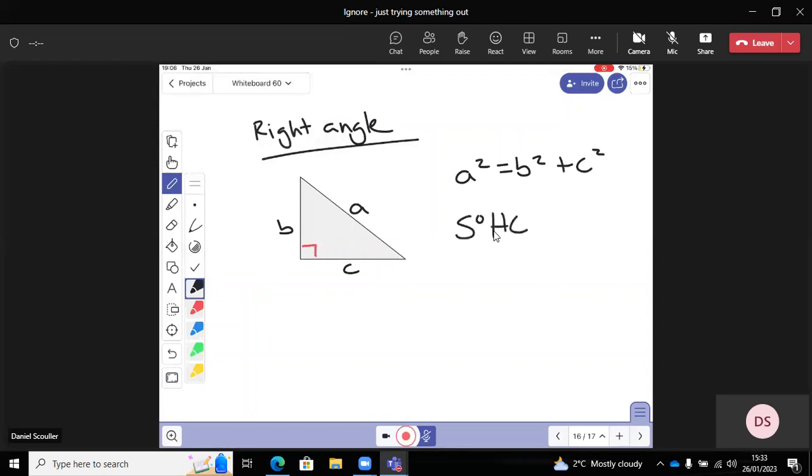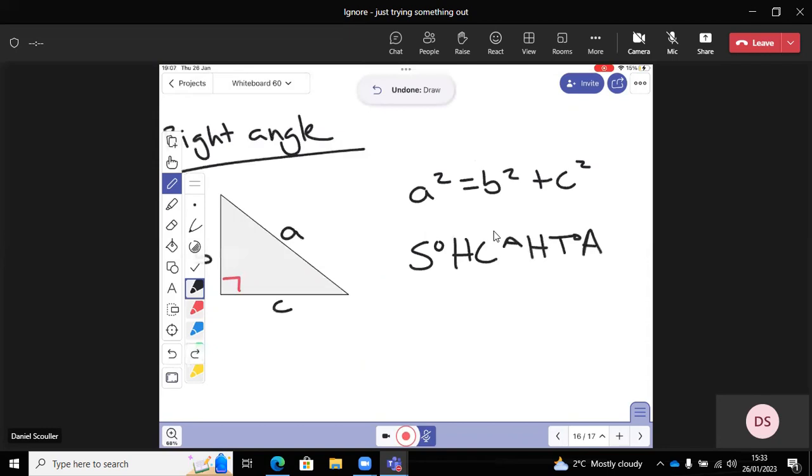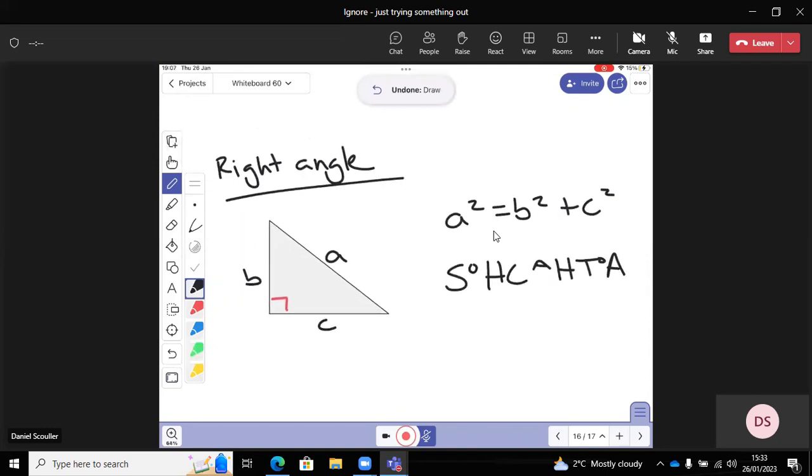And also SOHCAHTOA only works in right angle triangles. So those two things.